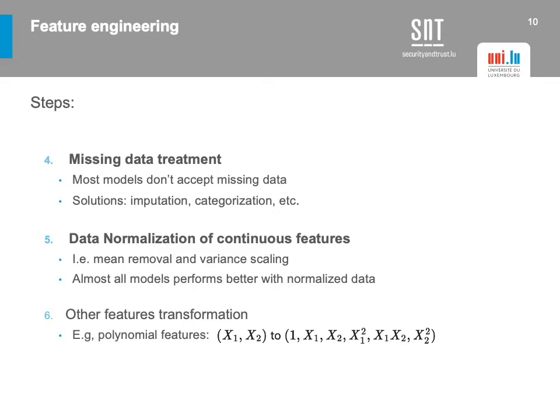For example, here we have x1 and x2, two features, and what we want to do is to add x1 but also x1 squared, and x2 and also x2 squared. And maybe we also want to combine two features, so we want to have x1 multiplied by x2. This can help in some cases if we expect some interaction between variables. It can help a lot to do that.